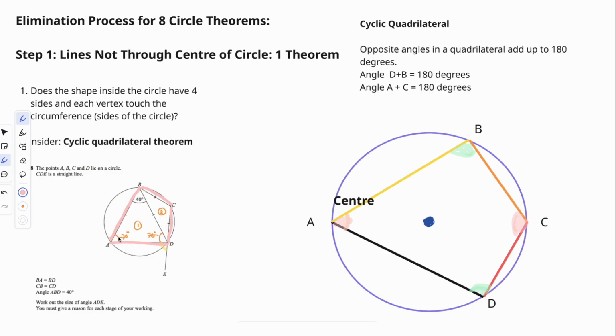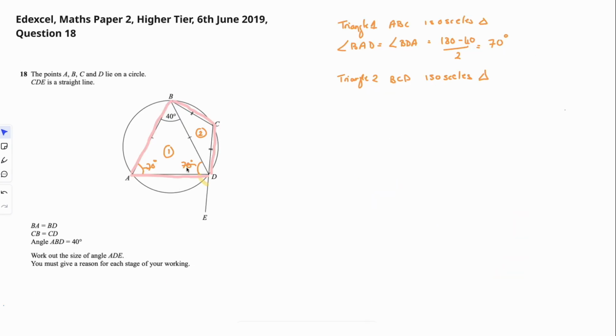If we go back to our question here, we can see that angle BAD is 70 degrees, which means that the angle BCD must be 70 plus some number to give me 180 degrees. So let's go and work this out. Now that we've identified that the 4-sided shape ABCD is a cyclic quadrilateral, let's label up our information for the examiner.